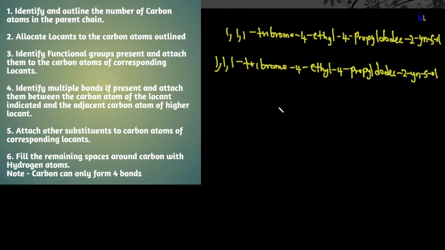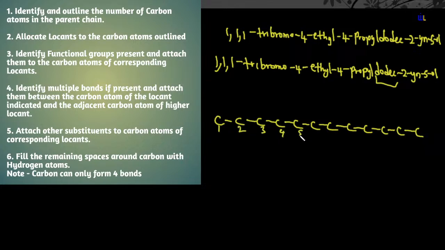Now, remember the first rule says identify the number of carbon atoms in the parent chain, and it's dodec. Dodec is 12, so we're going to put out 12 carbon atoms. Then you allocate locants, 1 to 12. Next, look out for the functional group and allocate it.